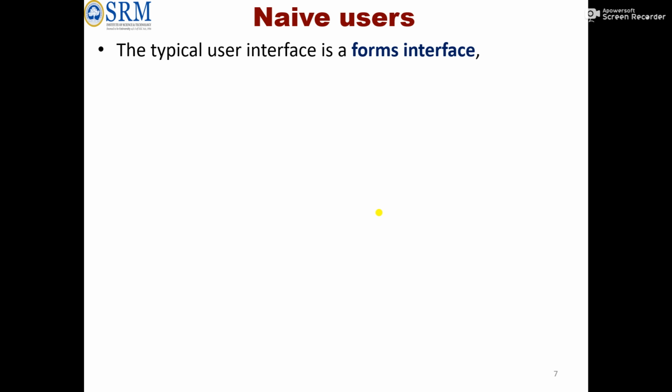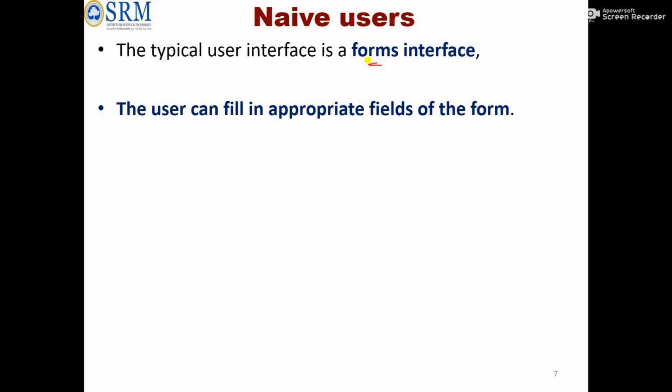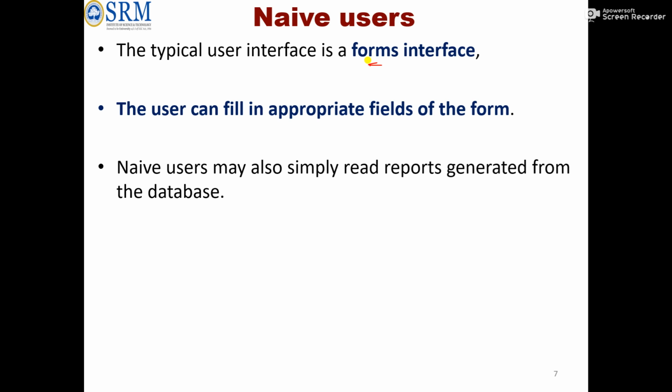Right? So typically their user interface is a forms-like interface. They feed the input by filling in the appropriate values on the form, and that will be stored onto the database. In turn, they will generate the reports.